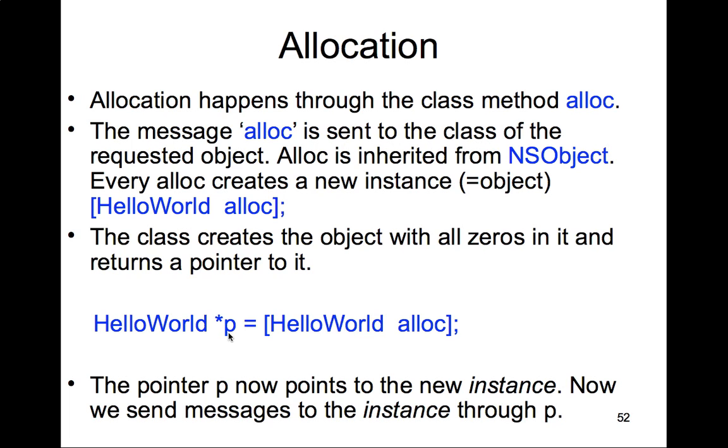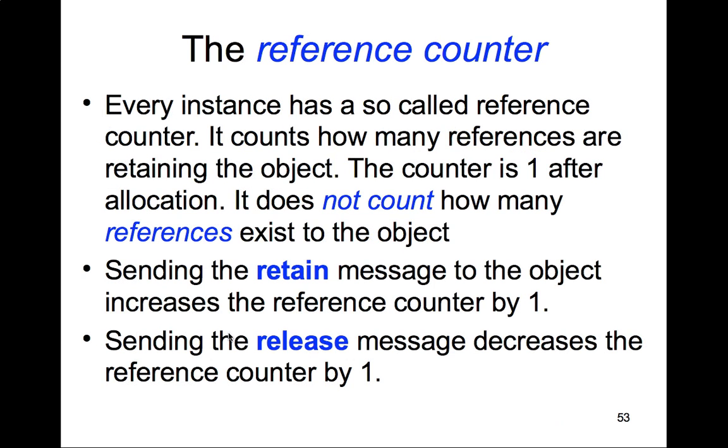We created the first one when we assigned it to p. Sending a retain message to the object increases the reference counter by 1. It says retain it, which means keep it, because we don't want it to be 0, since we're going to decrement it every time a reference goes out of scope. So then we send a release.